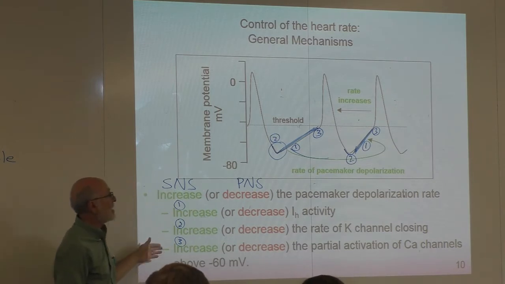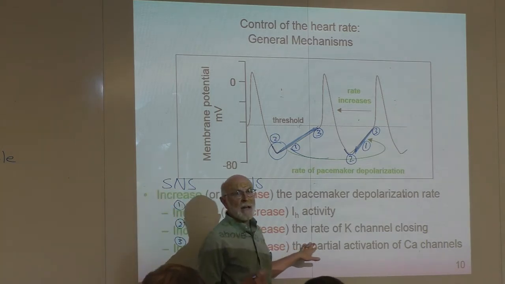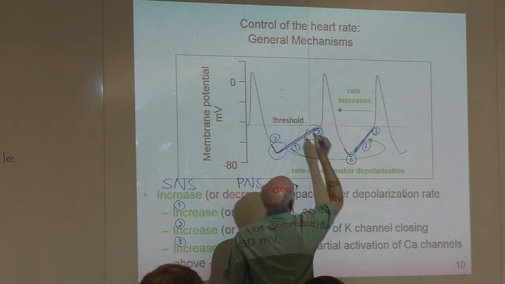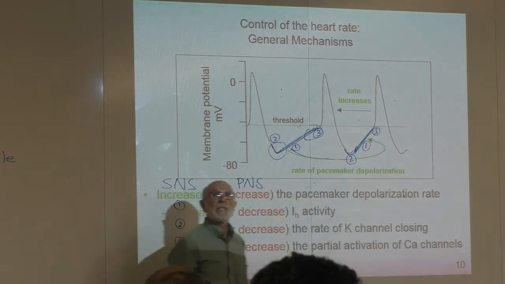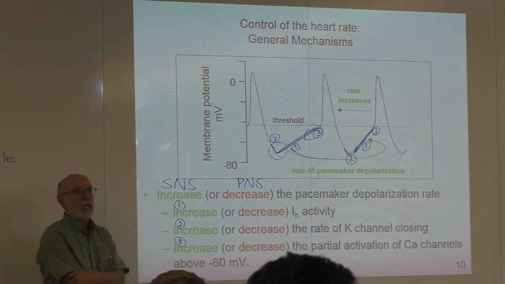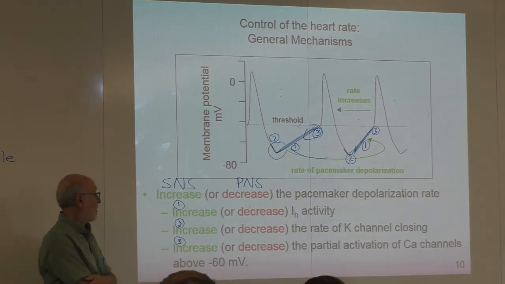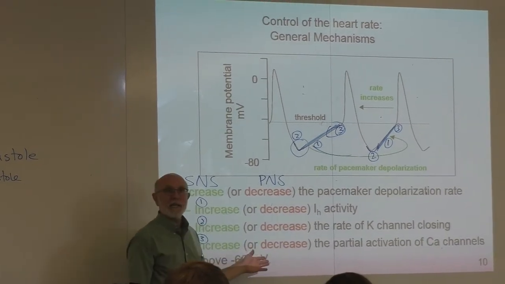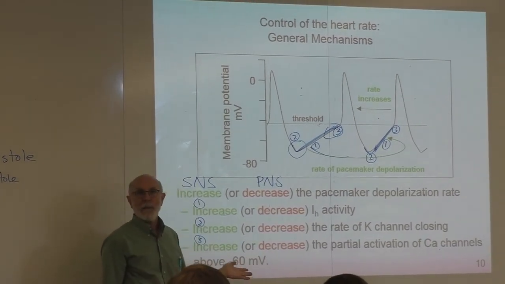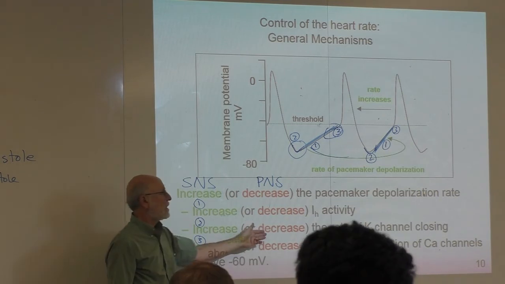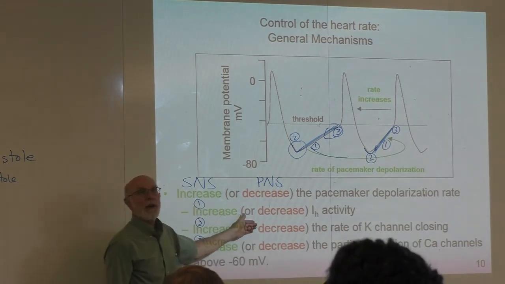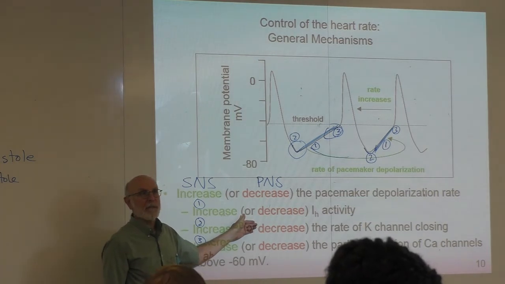And if we increase the ability of a few calcium channels to open, we would increase this part, which would also increase the rate of the ultra slow depolarization of pacemaker cells. Or we could decrease all of these things to slow the rate, right? So anything we can increase, we can decrease. The sympathetic nervous system does this, the parasympathetic nervous system does this.